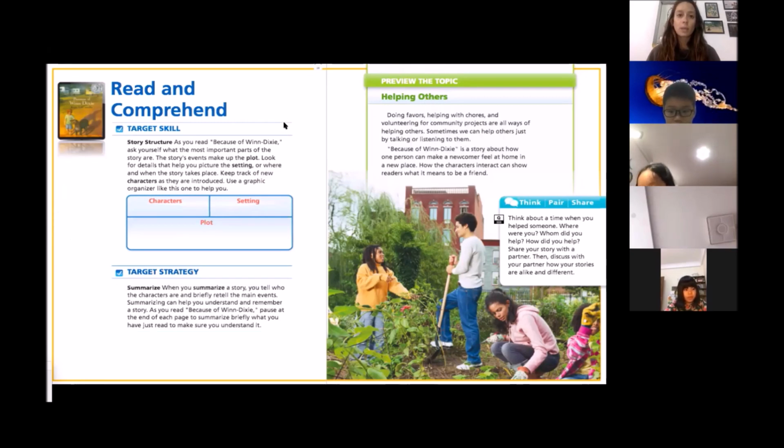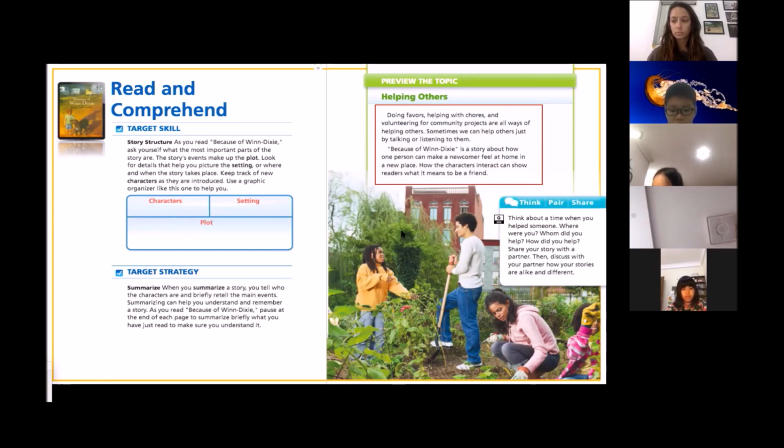Let's talk about helping others now. Who can read this part about helping others? We'll talk about helping others and why it's important. Nanzang, can you read to us about helping others? Helping others, doing favors, helping with chores, and volunteering for a community project are all ways of helping others.